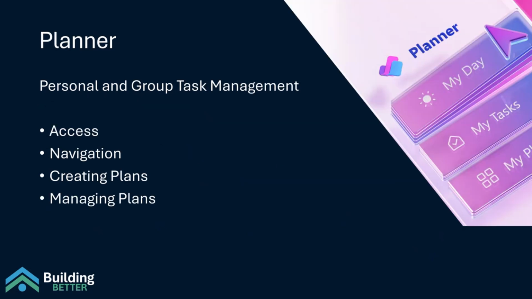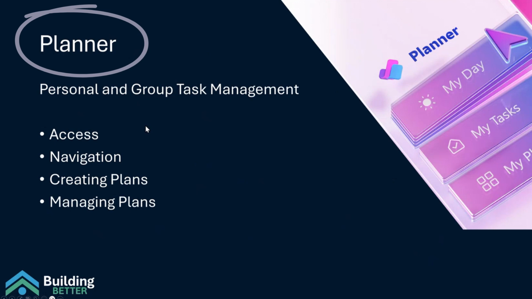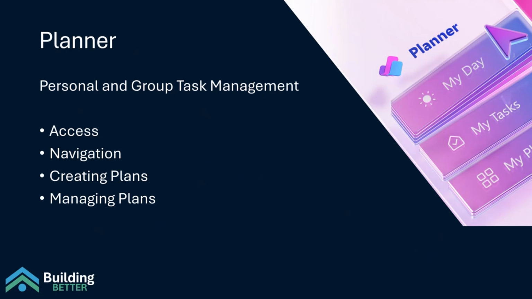And from there, so Planner, I would say it's both for group and personal task management. A couple years ago, Microsoft actually combined two different tools, and maybe three different tools, if you want to call it. First, Microsoft To Do, which they bought probably 10 years ago now.